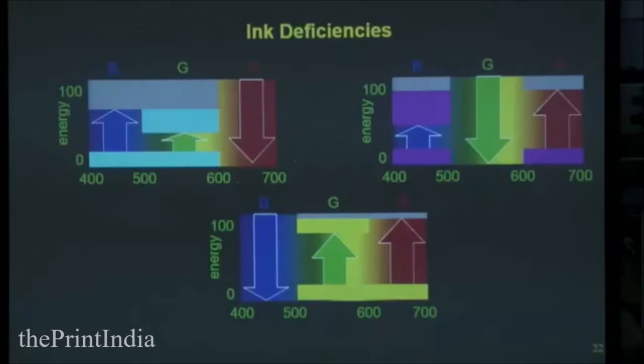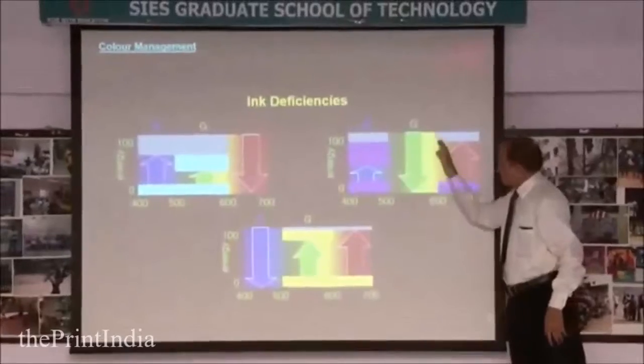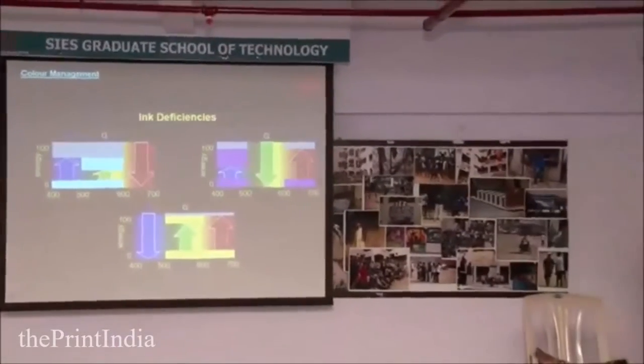So if you see, this whole thing is a spectrum like rainbow color, and the spectrum is divided into three parts. When you divide the spectrum into three parts, the first collection of first 1/3 wavelengths appears as blue light. The center portion appears as green, and the third one appears as red. Okay.